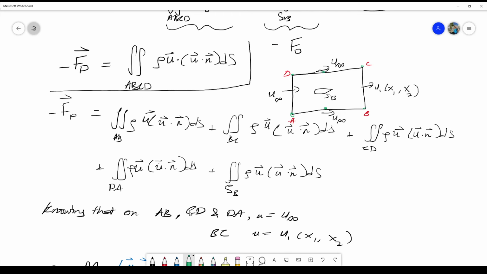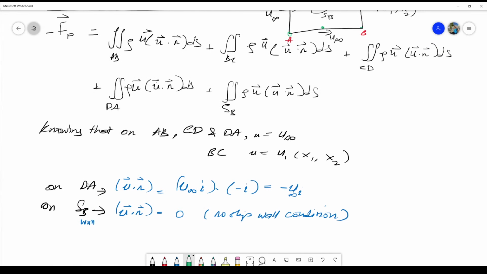Knowing that on AB, CD, and DA, the x component of the velocity is equal to the free stream velocity, we assume that these boundaries are far away from our wing, where the disturbed flow does not influence the velocity on these boundaries. Thus, we can take the velocity at this position to be equivalent to the free stream velocity.